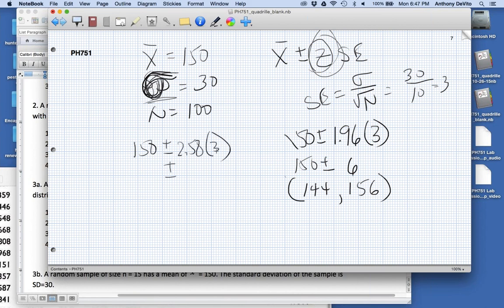I'm going to call that, just to round it off, not 5, 3 times 2.5 is going to be 7.5. So it's going to be 142.5 and 157.5. That's going to be our 99% confidence interval. Notice it's wider than our 95% confidence interval.